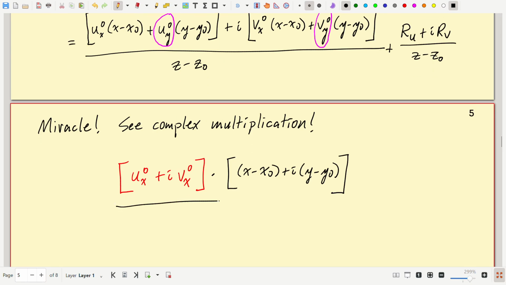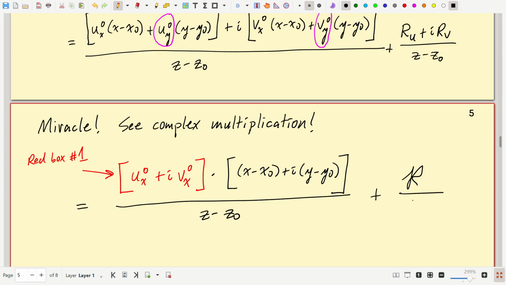And we're dividing that mess by z minus z naught. Of course we have the remainder, which I'll call script r over z minus z naught.